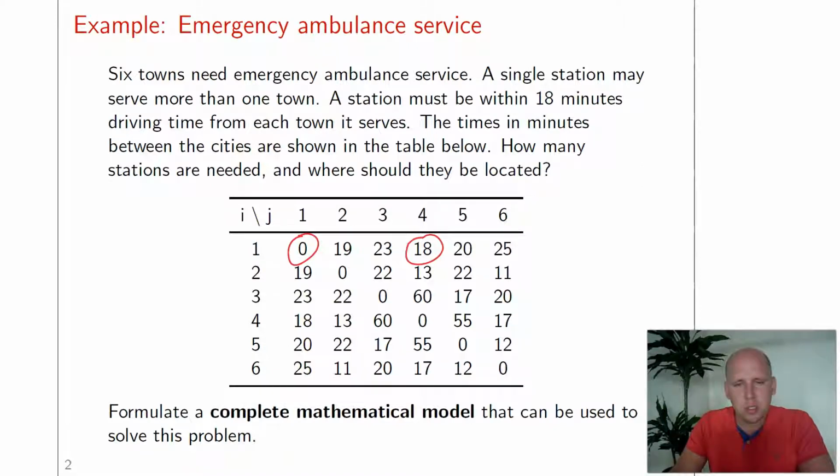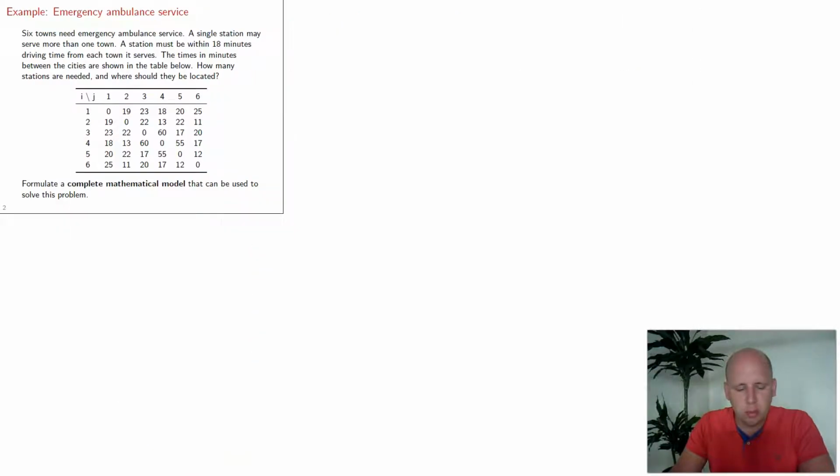Then the first question is, what are the decisions that we are going to make? We have 6 cities, and for each of the cities the question is basically, do we put an ambulance service in that city or not? That means that we are talking about yes or no decisions, so this will be a binary integer program. All decision variables will be binary.